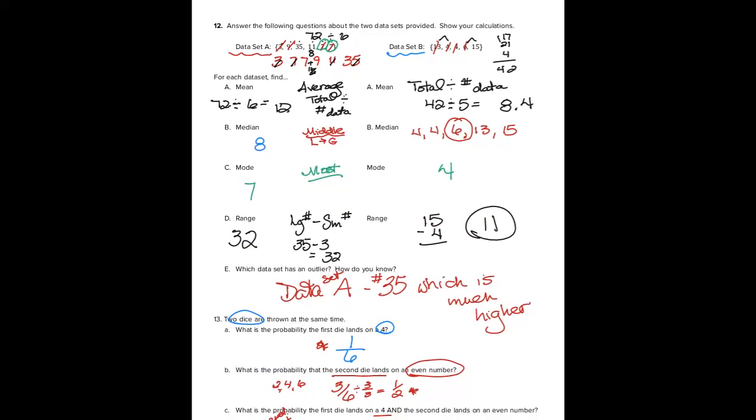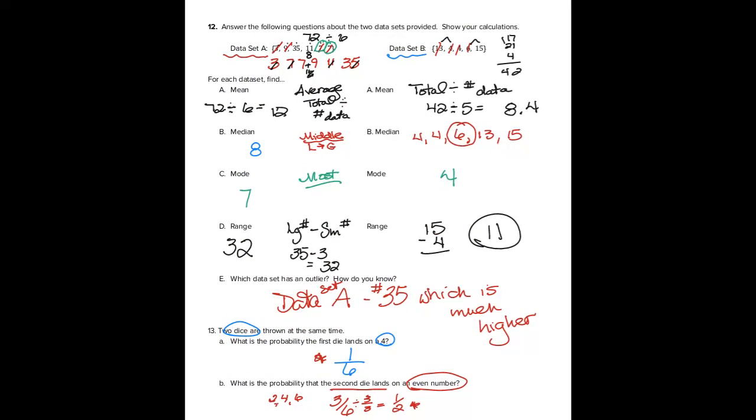It is when you have a number that is much bigger or much smaller. Data set A has the number 35, which is much higher than all the other numbers. So that is the outlier. It stands apart from the rest of them. All right, any questions about problem number 12?